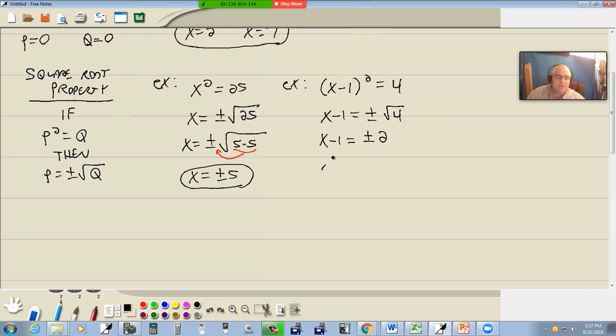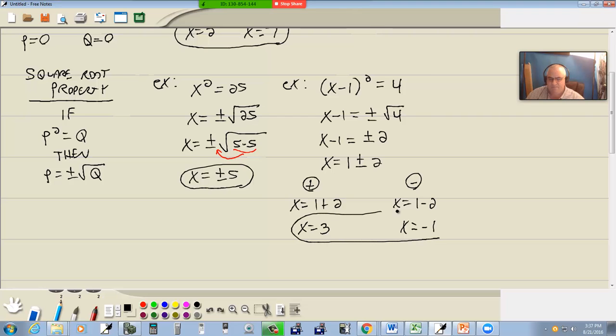We'll take negative 1 over. So we got x is equal to 1 plus or minus 2. Now whenever your radical disappears completely in these problems, then you can split this up. So we're going to have x is equal to 1 plus 2, and x is equal to 1 minus 2. So that gives us x equals 3, and x is equal to negative 1. And those would be our answers.